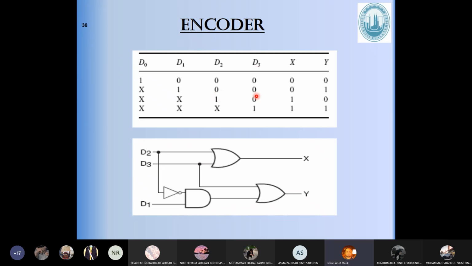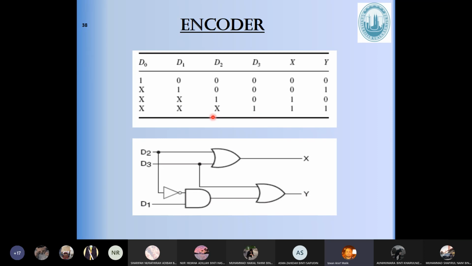And then, X is equivalent to D2 dan D3 bar, or D3. Y kita akan dapat D1 bersama dengan bawah ni, D3 dan juga D2 bar.